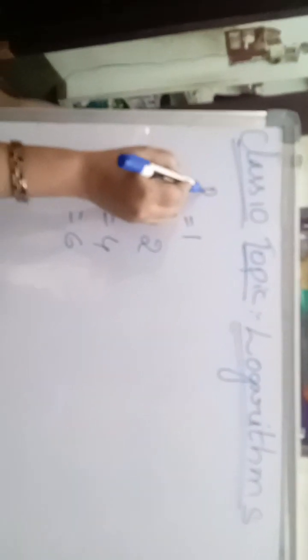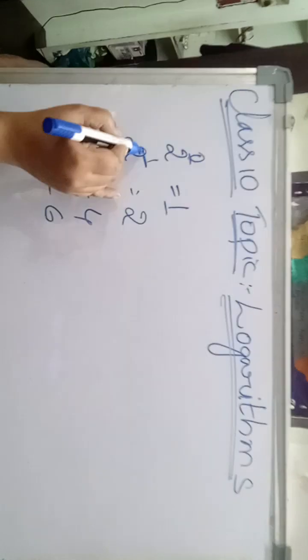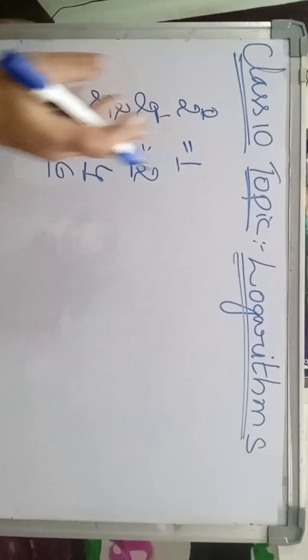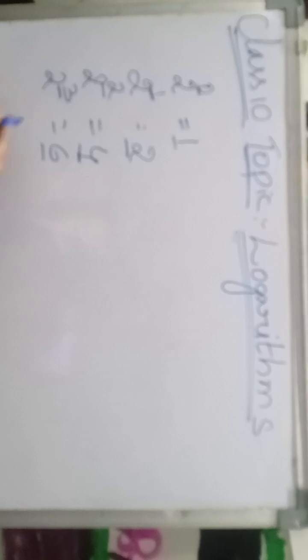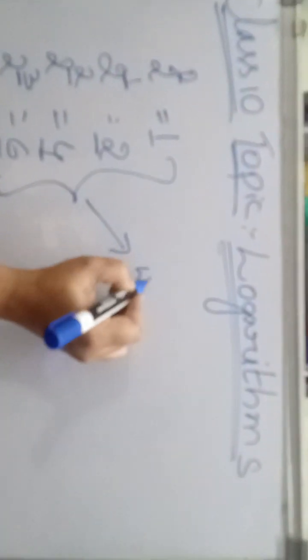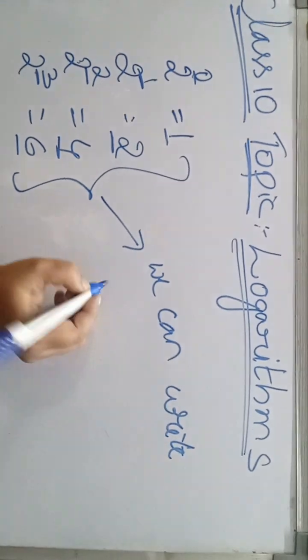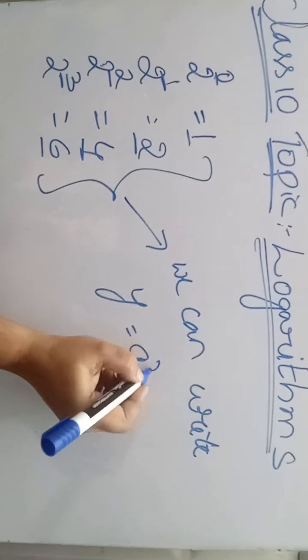If you observe the powers and their results, they are varying. So, for example, let us write this all. We can write y equal to a power x.